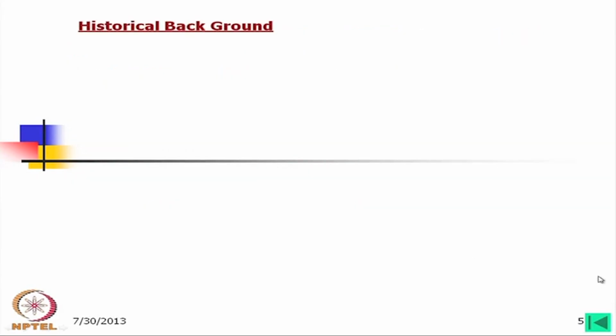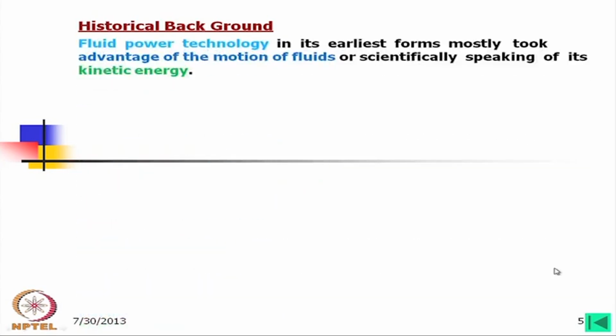Now, historical background is as follows. Fluid power technology in its earliest forms mostly took advantage of the motion of fluids, or scientifically speaking of its kinetic energy.